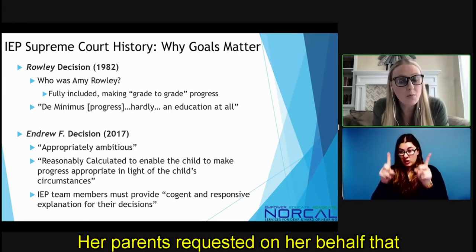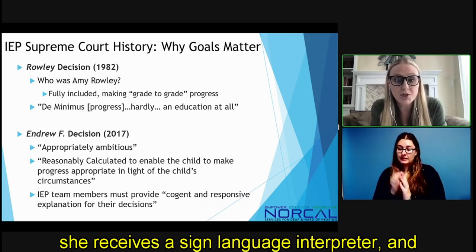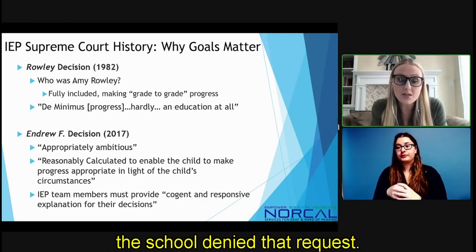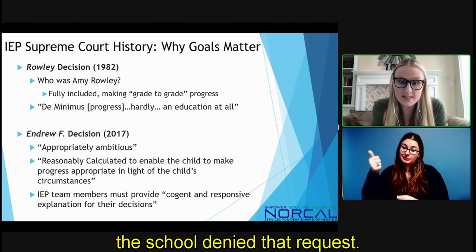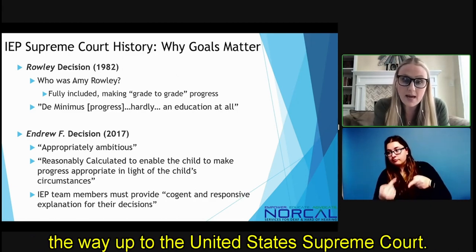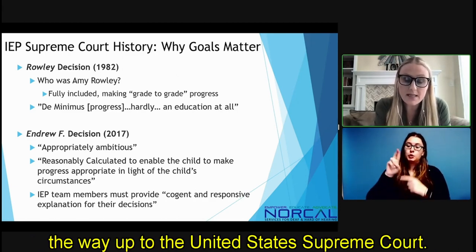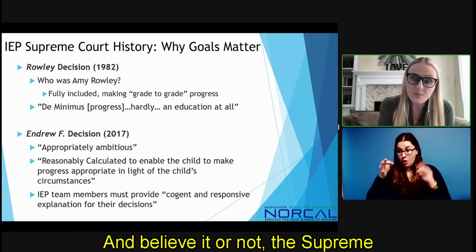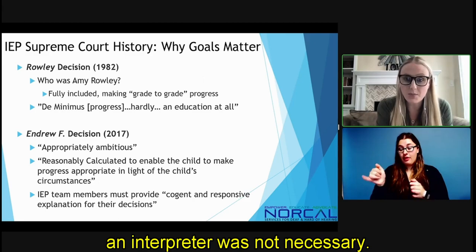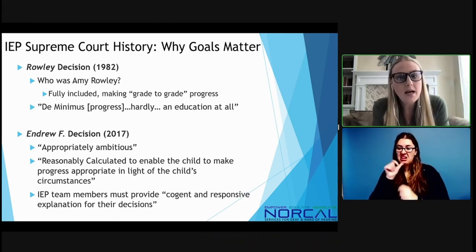Her parents requested on her behalf that she receive a sign language interpreter, and the school denied that request. And through various legal battles, this worked its way all the way up to the United States Supreme Court. And believe it or not, the Supreme Court actually decided that that request for an interpreter was not necessary.